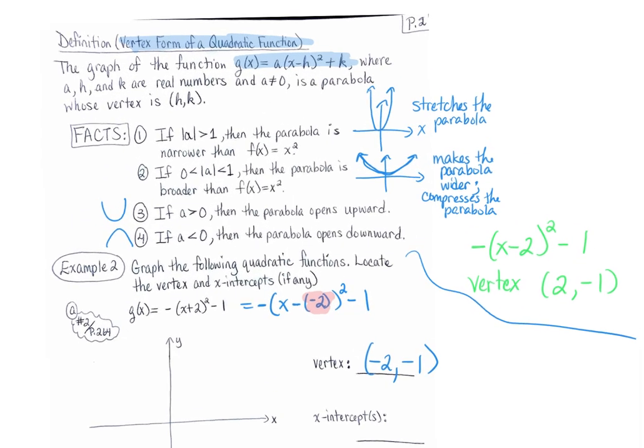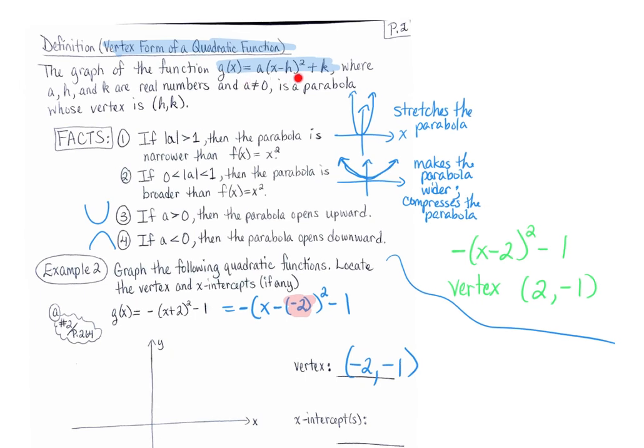Look back up at your vertex form of a quadratic function: you have x minus whatever number, squared. Here, your vertex is h, k. So because it's x minus, we just pick up the positive of that number. What other questions do you have?